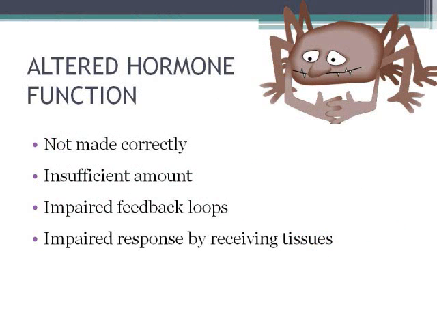Okay, let's talk about altered hormone function. There's lots of things that can go wrong in the production, release, and utilization of hormones, such as the hormones are not made correctly, they're made in insufficient amount, there's something wrong with the feedback loops, or there's an impaired response by the receiving tissues.